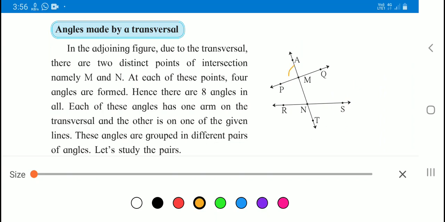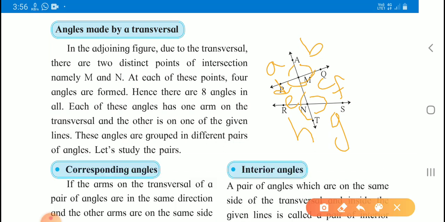So this is our angle A, this one B, this angle is C, this angle is D, this upside E, then F, below that is G, and this angle is H. Now here we will see the pairs of alternate angles.